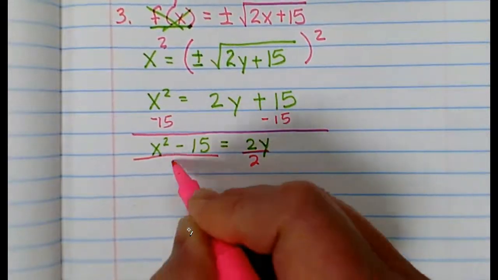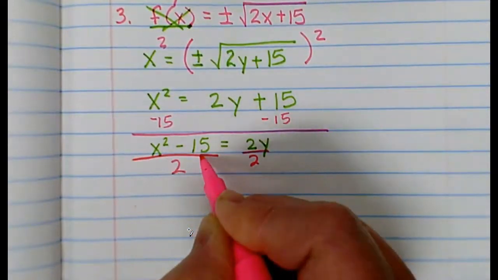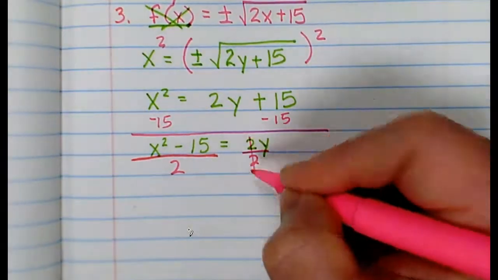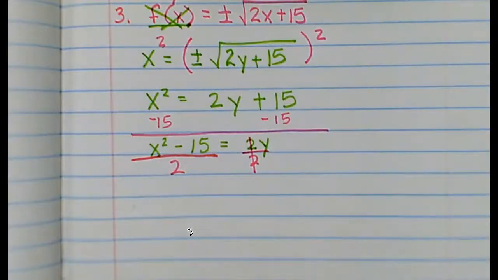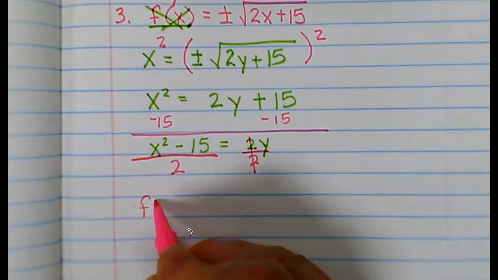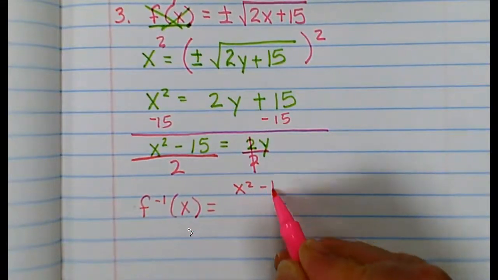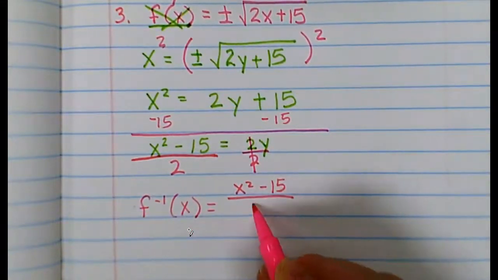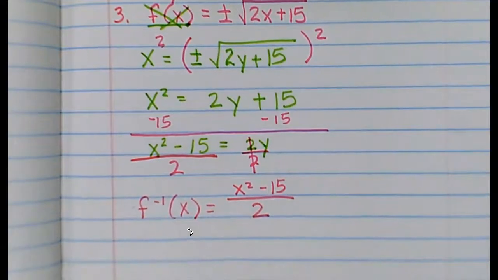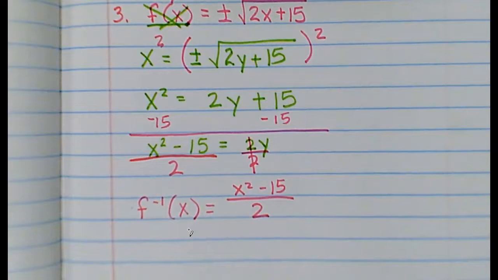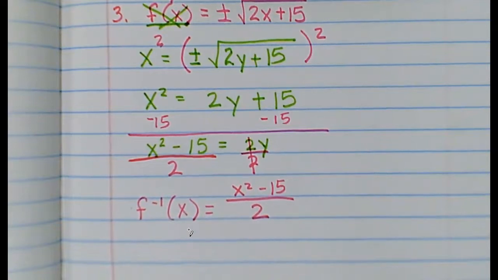When I cancel out the 2, I need to be sure to draw my line all the way across because all of that gets divided by 2. So my inverse function is x squared minus 15 all divided by 2. So even though it looked kind of ugly to begin with, it wasn't that difficult.